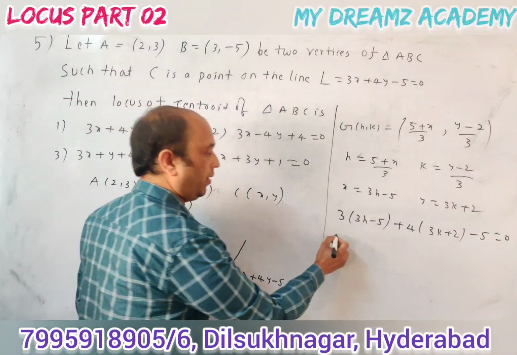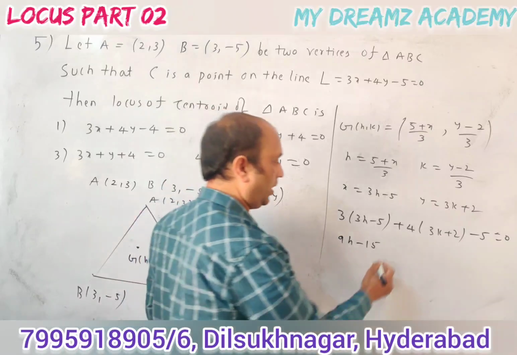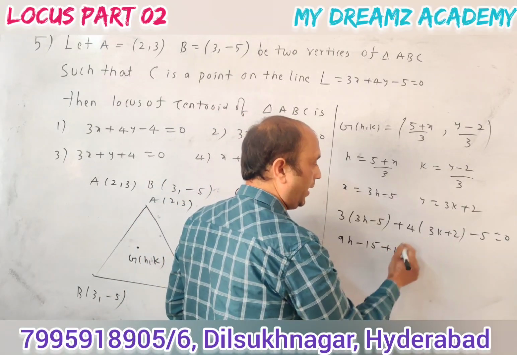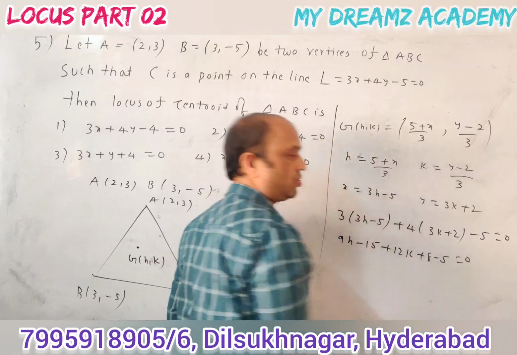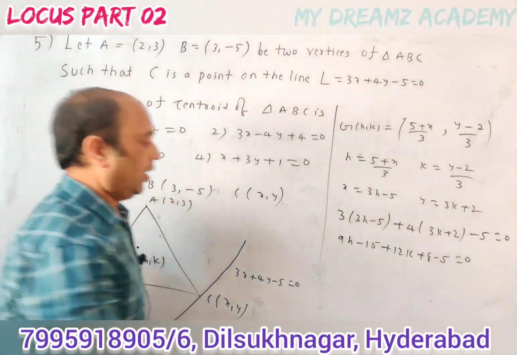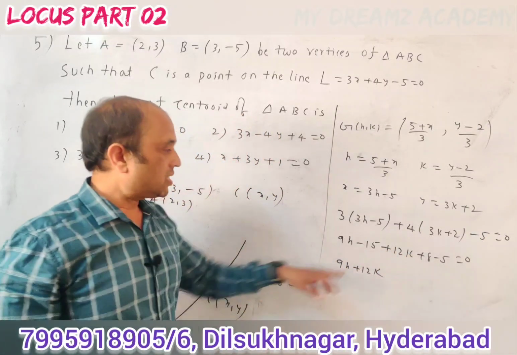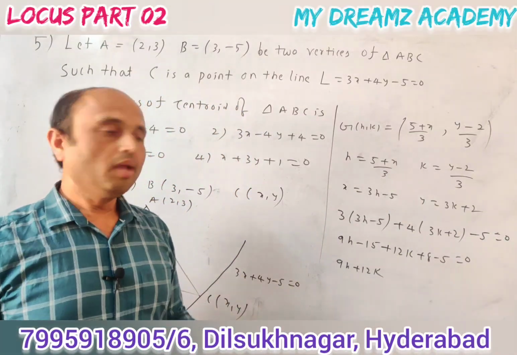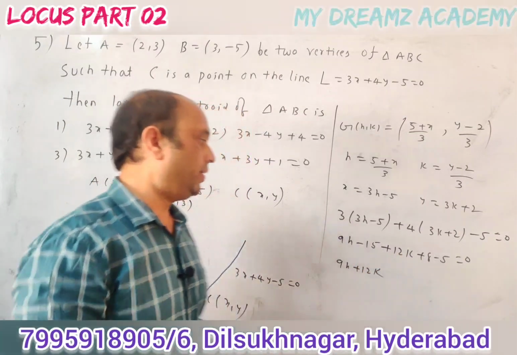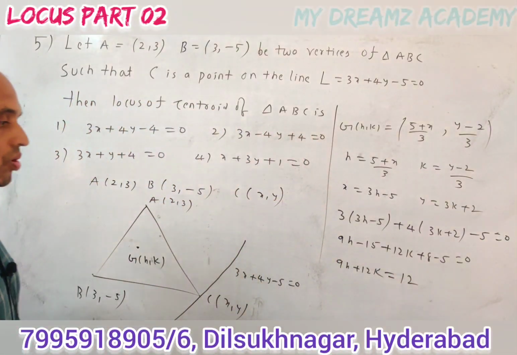Now here 9h minus 15 plus 12k plus 8 minus 5 is equal to 0. Now 9h plus 12k, minus 15 minus 5 plus 8, that is minus 12, equal to 0.